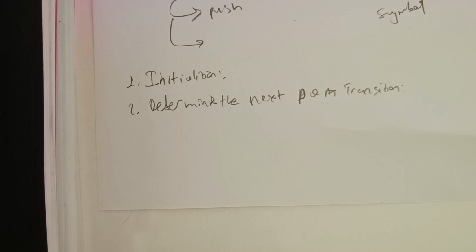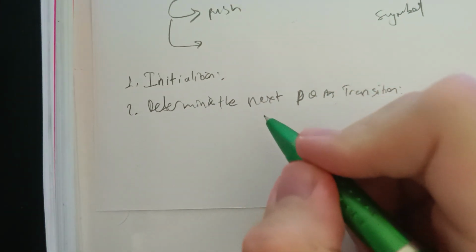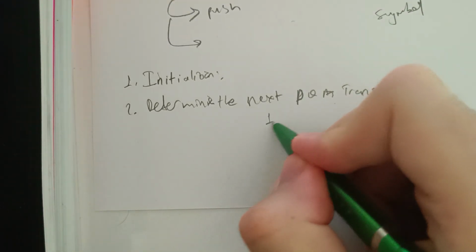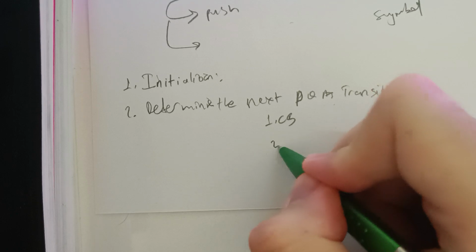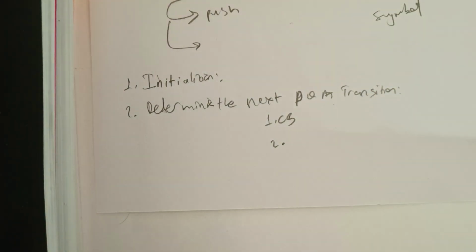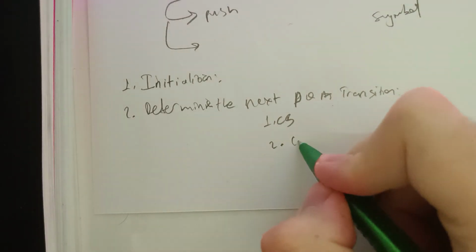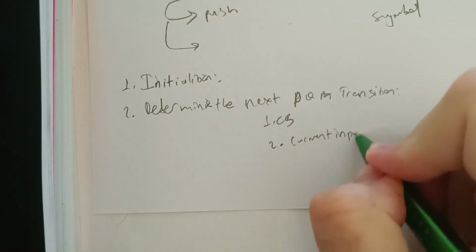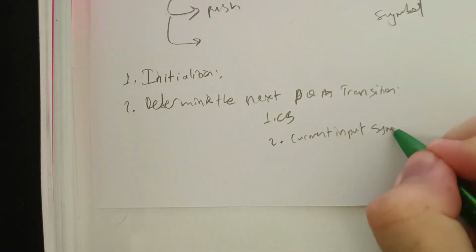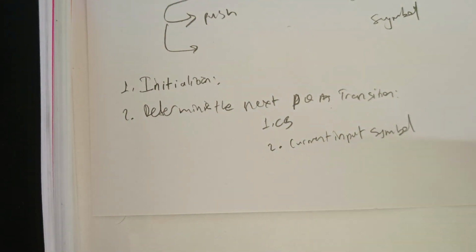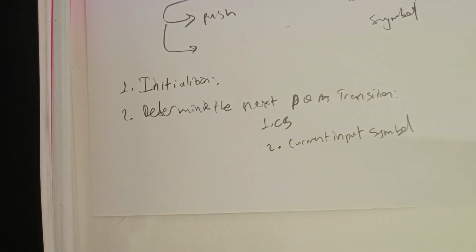The Turing machine reads the current state. Then after that, the current input symbol. I'm just thinking.